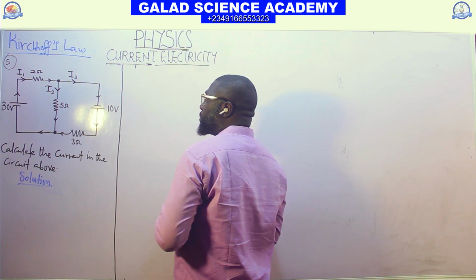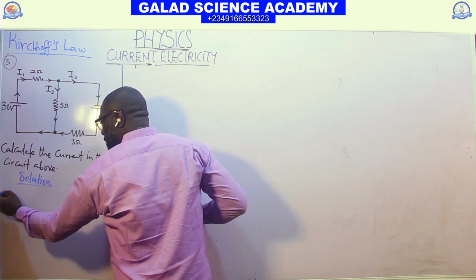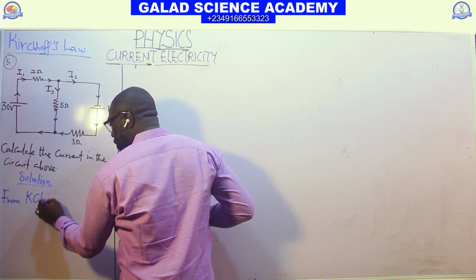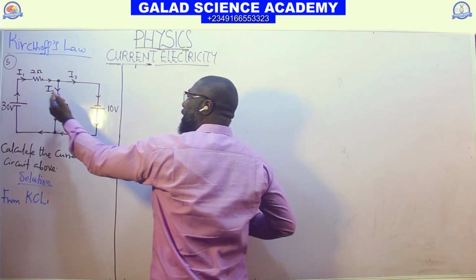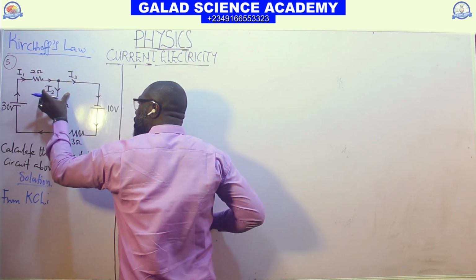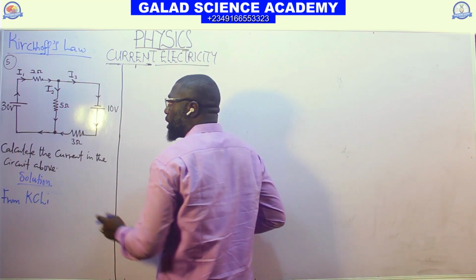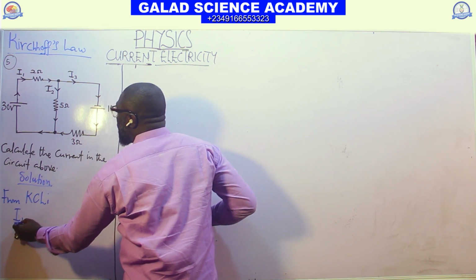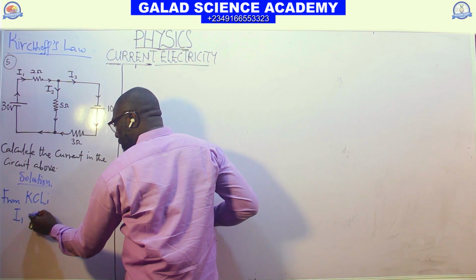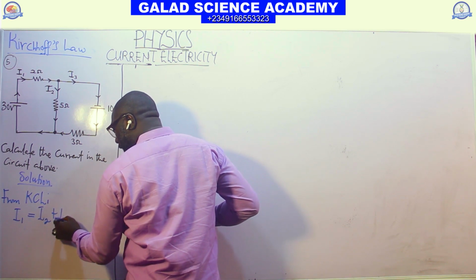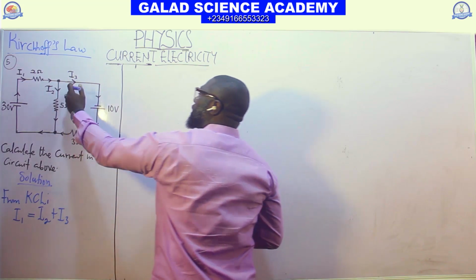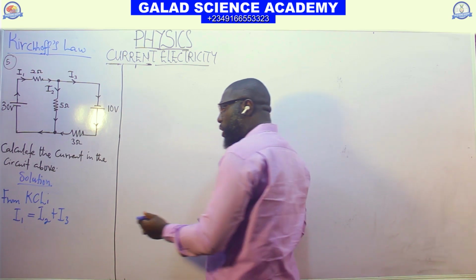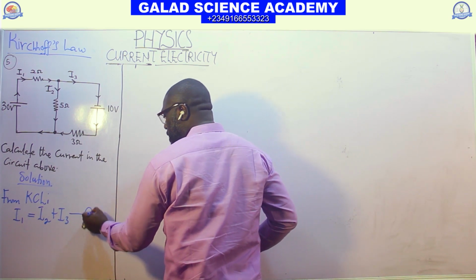You can say from Kirchhoff's current law, the sum of the current going into the junction is equal to the sum of the current leaving the junction, which is I1 equal to I2 plus I3. The current in the junction. So we can call it equation 1.